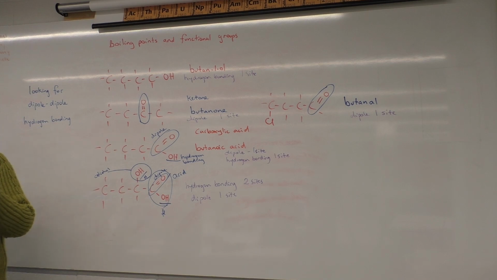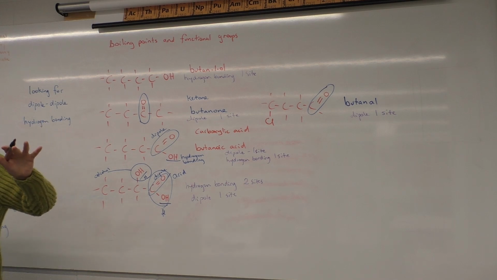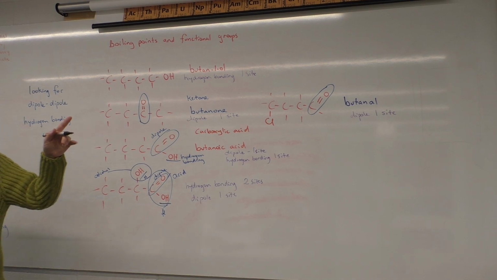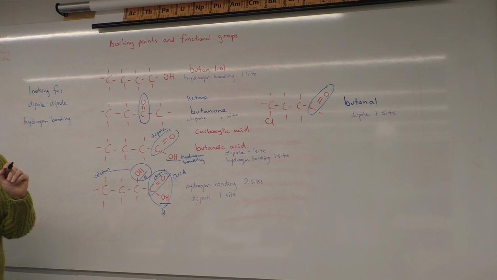To be able to figure that out, I think a question might have the boiling points, and then you'd have to explain why you see what you see. Because that's going to be hard to explain which way you've ranked it and why.